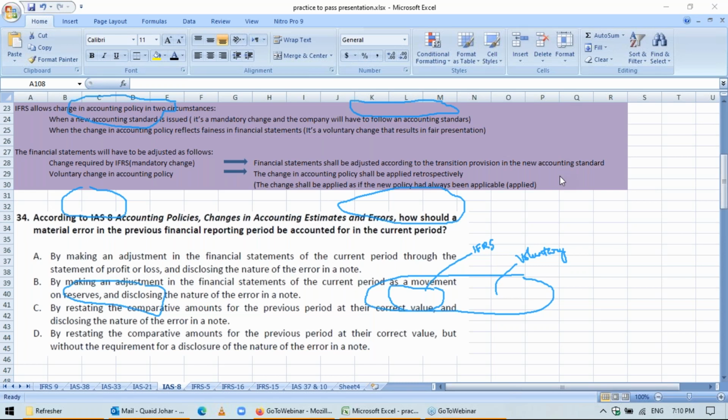So students, please read the question and suggest an answer. I'll be giving you the answer in a minute's time. So it is according to the above rules only.